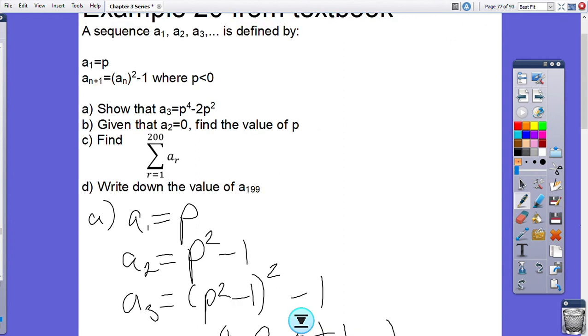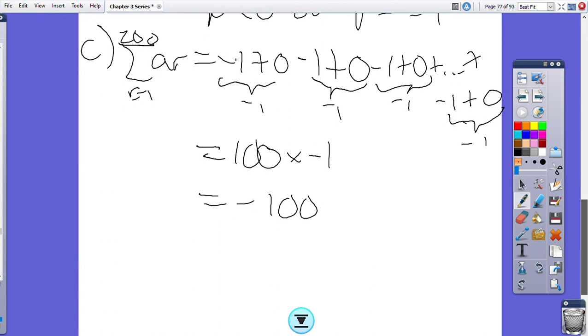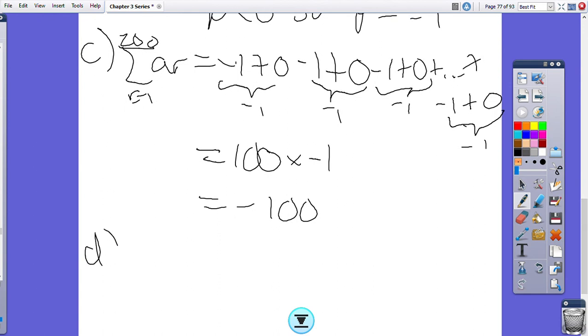Okay, finally, write down the value of a199. So in 199, if we think about this, our terms are going between minus 1 and 0. First term, minus 1. Second term, 0.